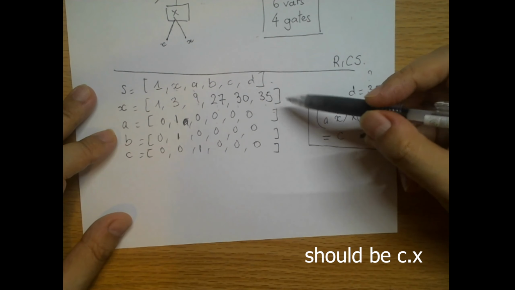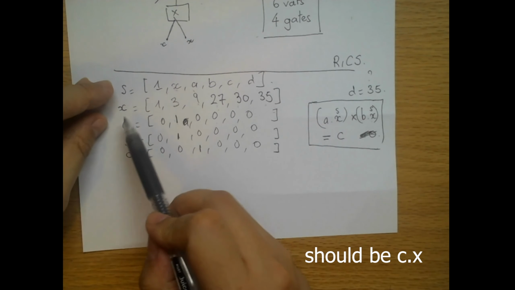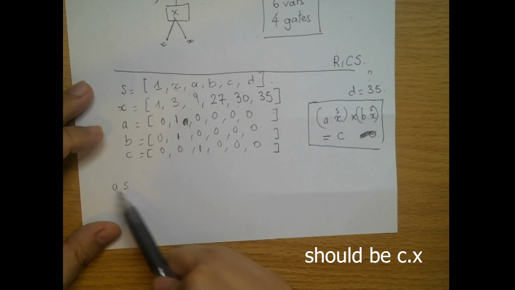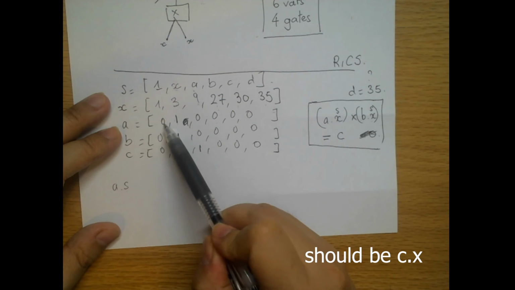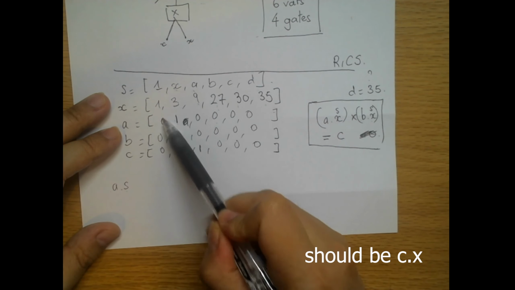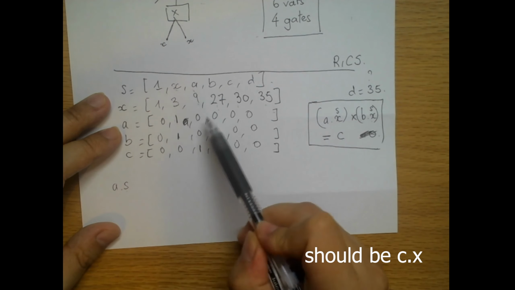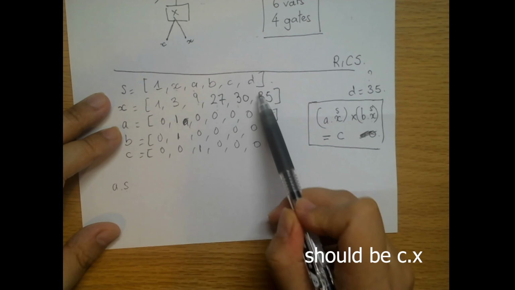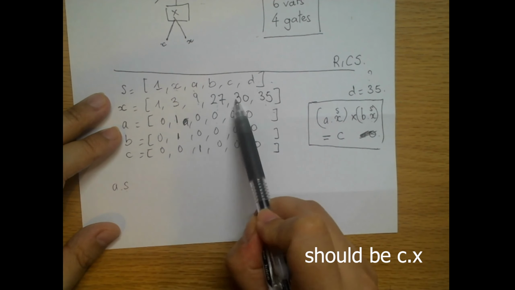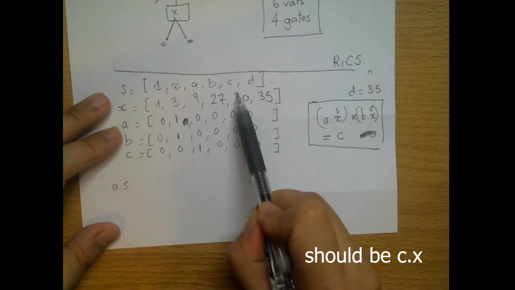Right? So let's verify. If I do the scalar product of A times S, I would be multiplying 0 as 1, 1 plus X. So this is going to be 0, this is going to be X, and everything else would be 0. So I'm not going to pick anything that is A, B, C, D, because it's all multiplied by 0 here.